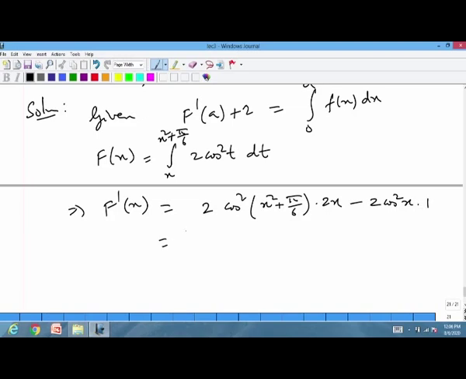So, this is equal to 4 x cos square of x square plus pi by 6 minus 2 cos square x.